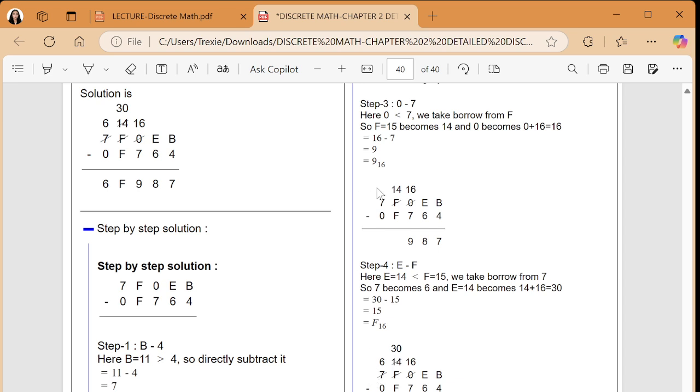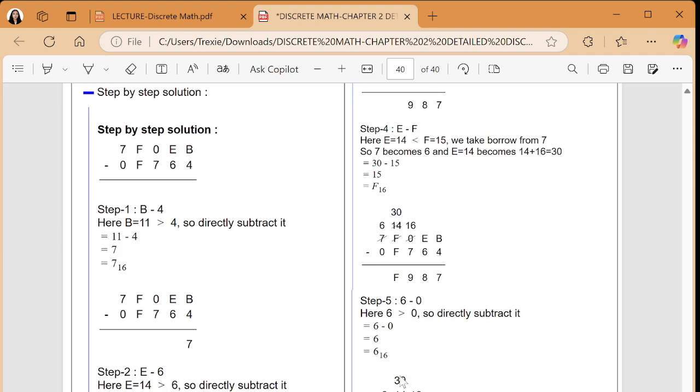This 7 will now become 6 and 14 plus 16 would be equal to 30. So 30 minus 15, since F is 15, the answer would be F.